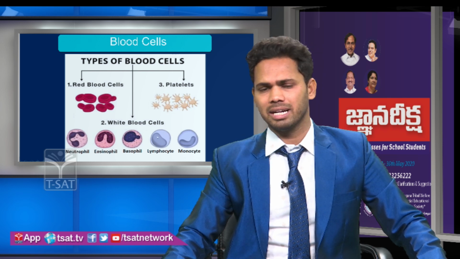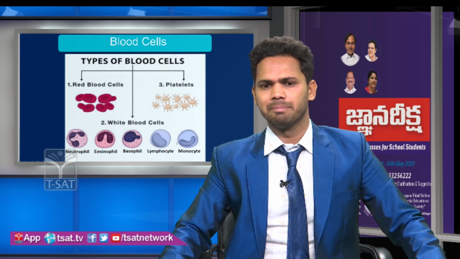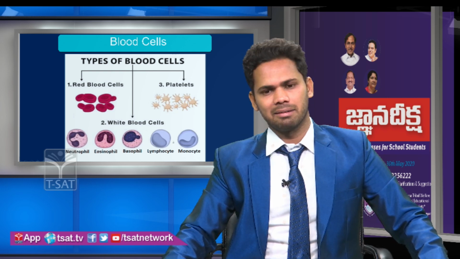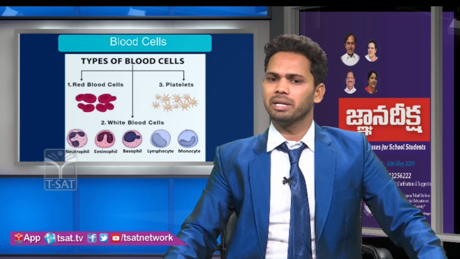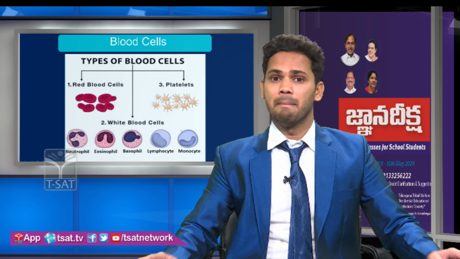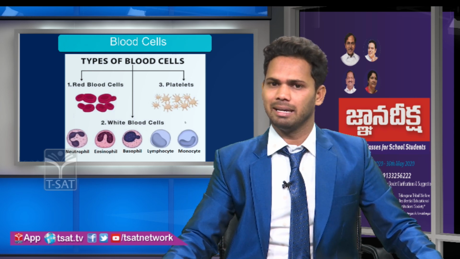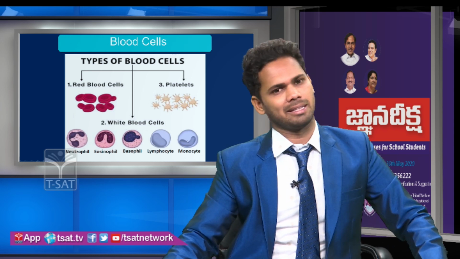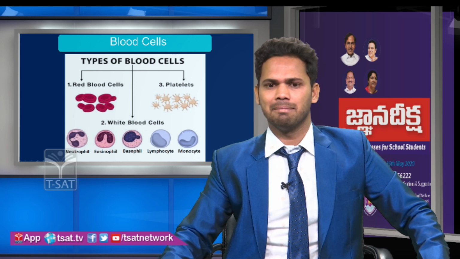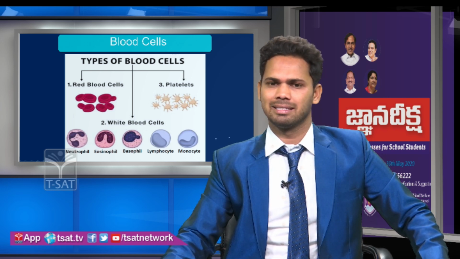Agranulocytes do not contain granules. As I said already, one type of agranulocyte is lymphocyte, another is monocyte. What is the speciality of monocyte? Monocytes are the biggest white blood cells among all white blood cells. Lymphocytes are the smallest white blood cells among all white blood cells.